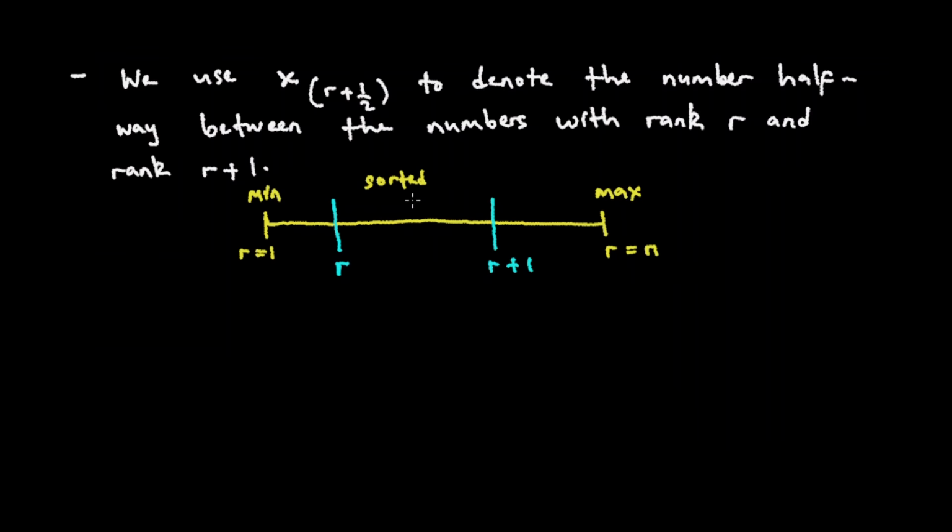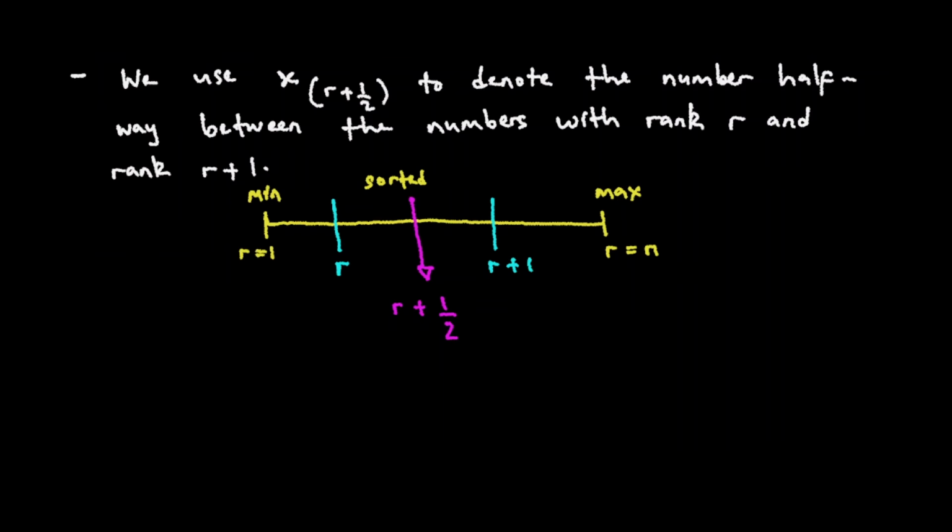Saka tikada kuziva kuti what is going to be the rank pakati pe these two data values, these two numbers. The rank is going to be r plus half. Ndozviri kungotaurwa. Saka kana tiine two mavalues ari mudata set atinoziva, tichiziva marank awo, we know kuti the rank inenge iri pakati it's x r plus half.